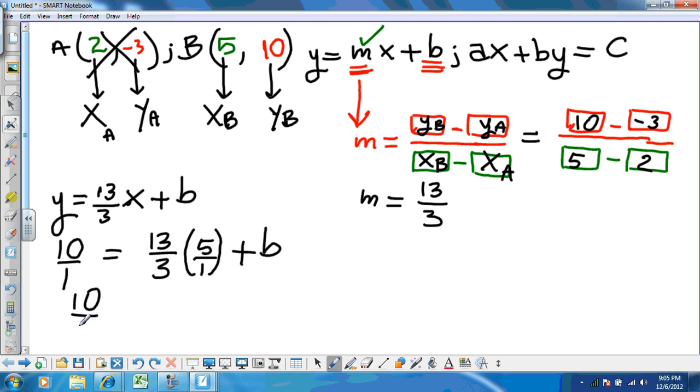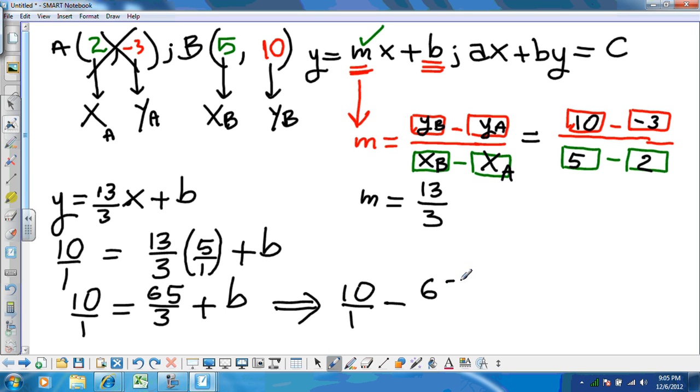So we can go back and say 10 over 1 equals 13, which is the slope, over 3 times 5. I usually will write that 5 over 1 plus the b. You can see here that 10 over 1 equals 13 times 5 is 65 over 3 plus b.